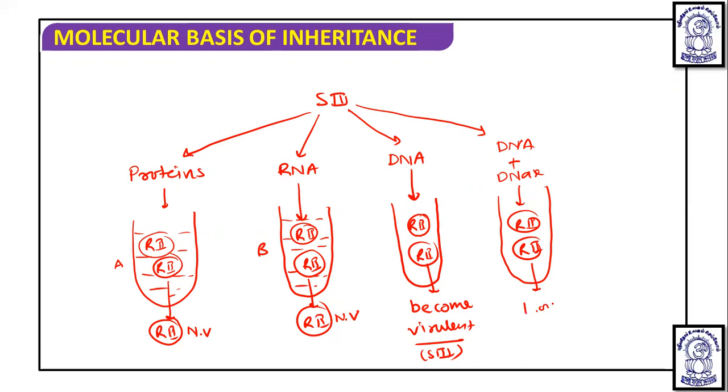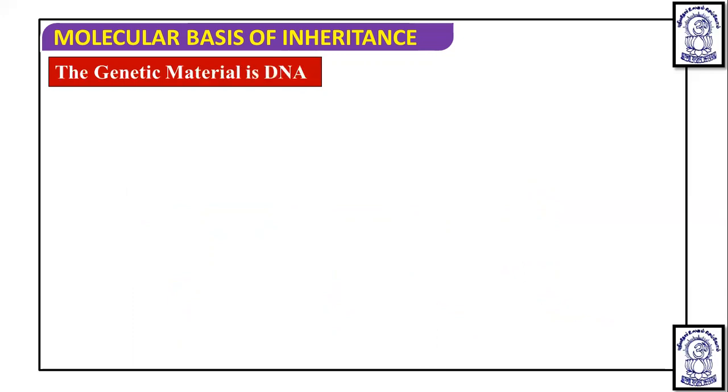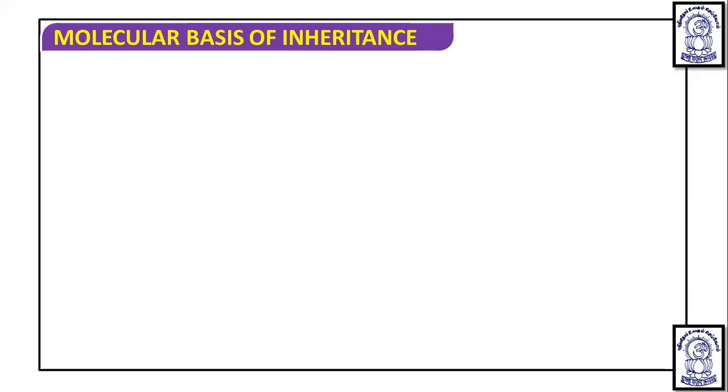The R2 remained non-virulent, meaning they were not transformed when DNA was cleaved. So from this experiment it was confirmed that the biochemical nature of the transforming principle, or transforming chemical, is nothing but DNA. This is the experiment done by Avery, MacLeod, and McCarty. That DNA is the genetic material was not completely proved, but the biochemical nature of the transforming chemical was proved.